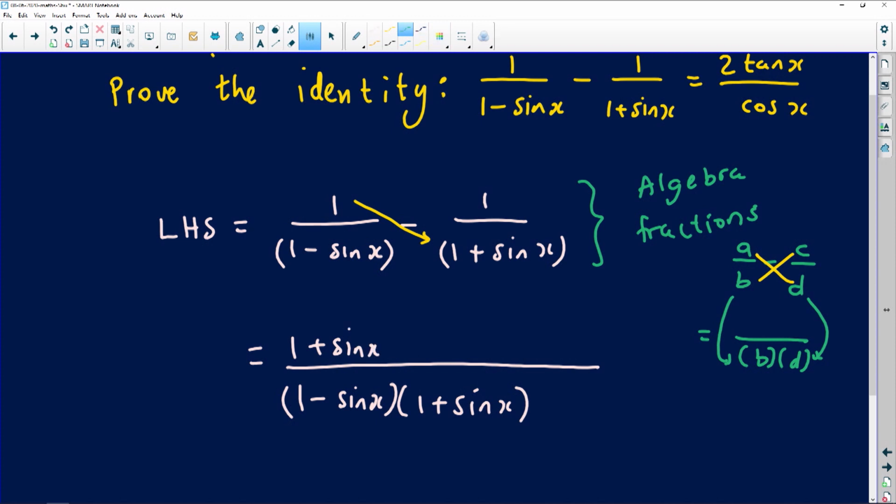Now I'm going to do this one. This is -1, please pay attention to the fact that the minus sign belongs to the 1 on top. So this is -1 times the second bracket. It simply means those terms inside the bracket will change signs. 1 becomes -1, and negative times negative becomes positive, so you have positive sine of x.